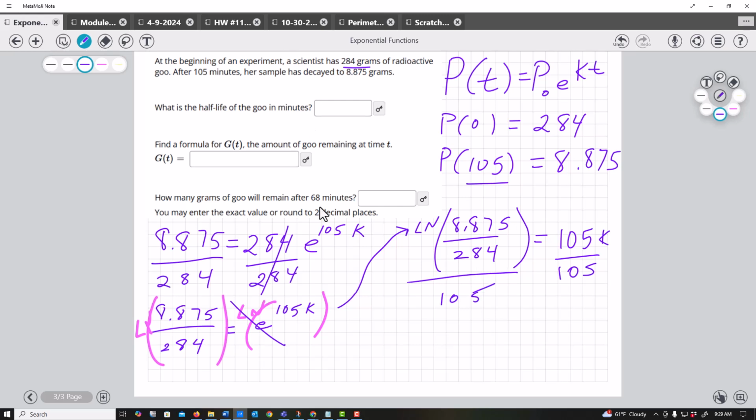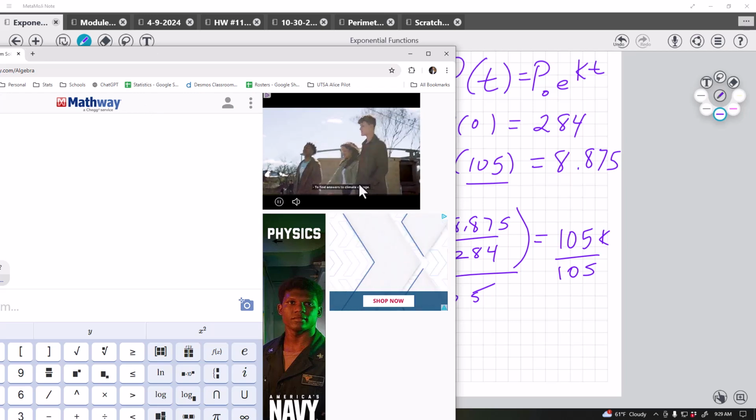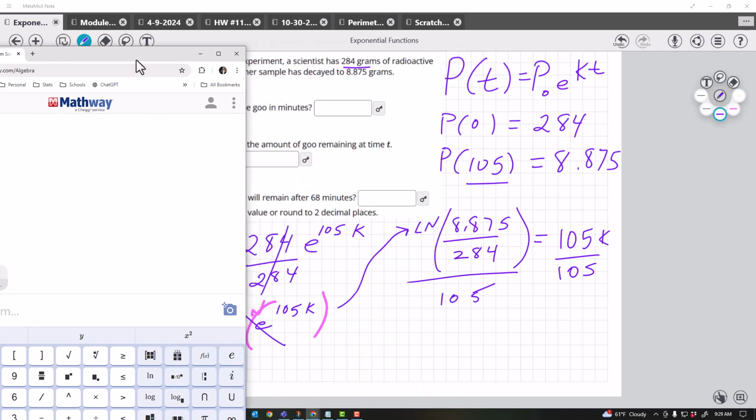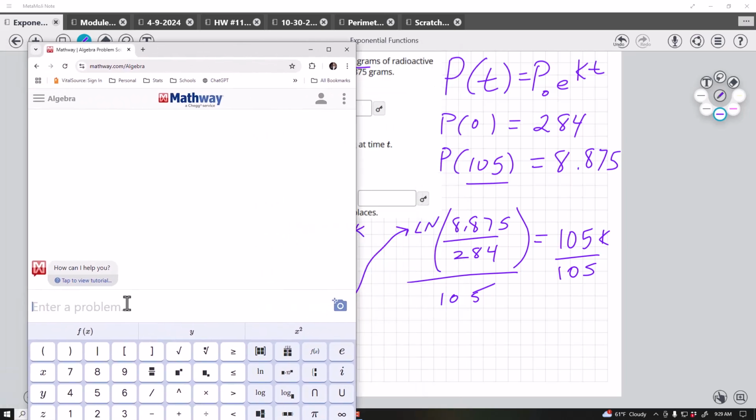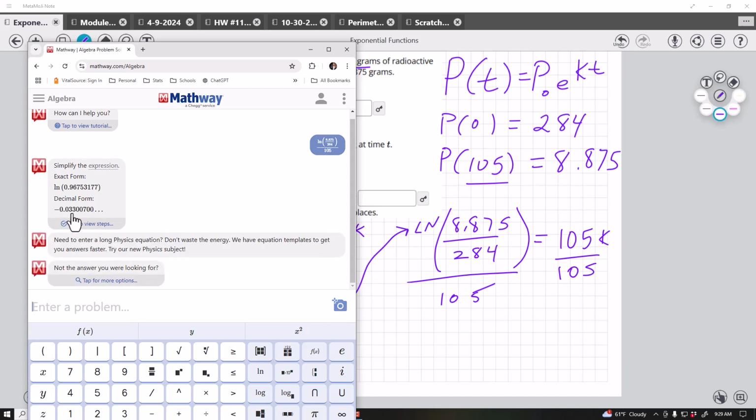So if I take this and put it in my graphing calculator, whatever you're using for your graphing calculator, I'm just going to use this website. I'm going to put in ln parentheses 8.875 divided by 284. Be sure in your calculator you go outside the parentheses, and then you get this value right here.